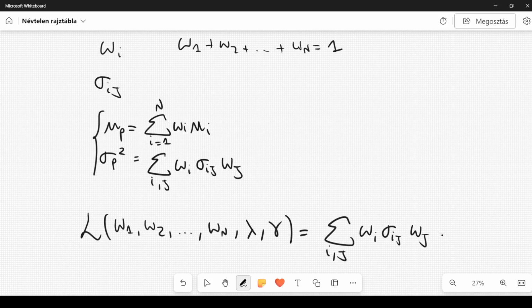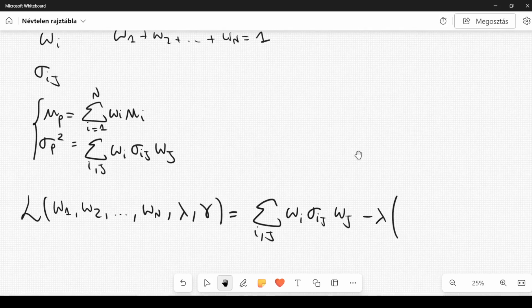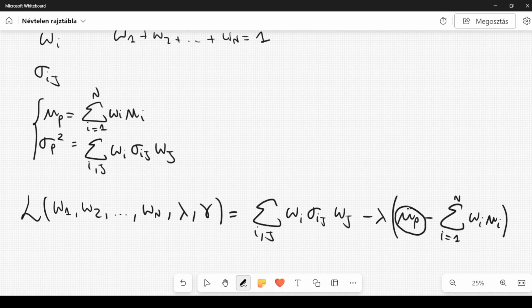Then we have minus lambda, which is the first Lagrange multiplier, and then we have the first constraint here. So we can write it as mu_p minus summation over i from 1 to n of omega_i mu_i. So mu_p is considered to be a constant.